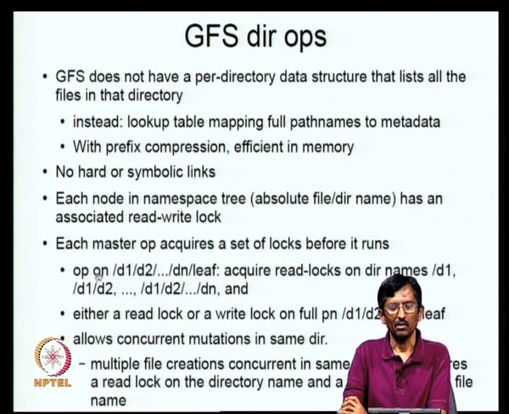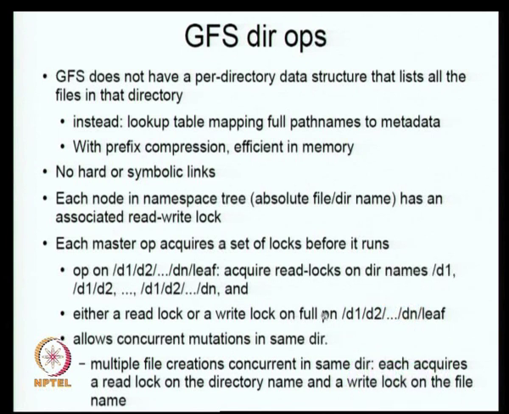For example, if you are doing an operation on /d1/d2/dn/leaf, then you would take all the read locks up to this point, and depending on the operation, take a write lock on the full path name. So you take read locks only on each of the directory names. This allows concurrent mutations in the same directory.